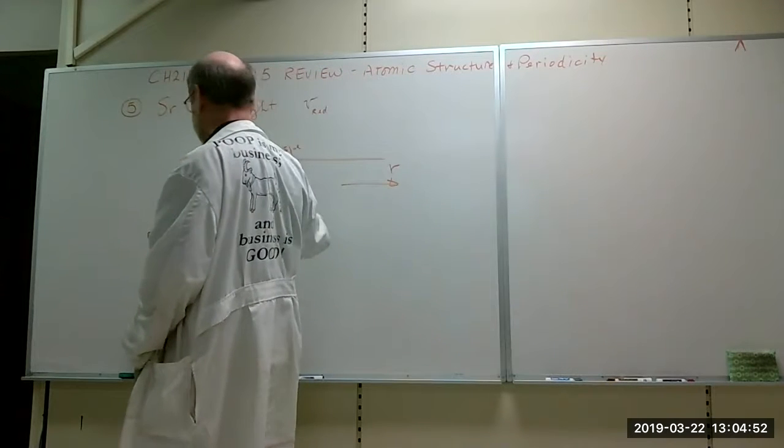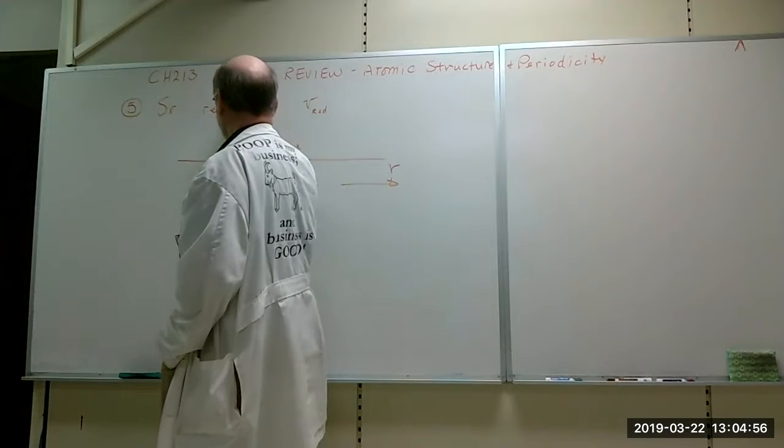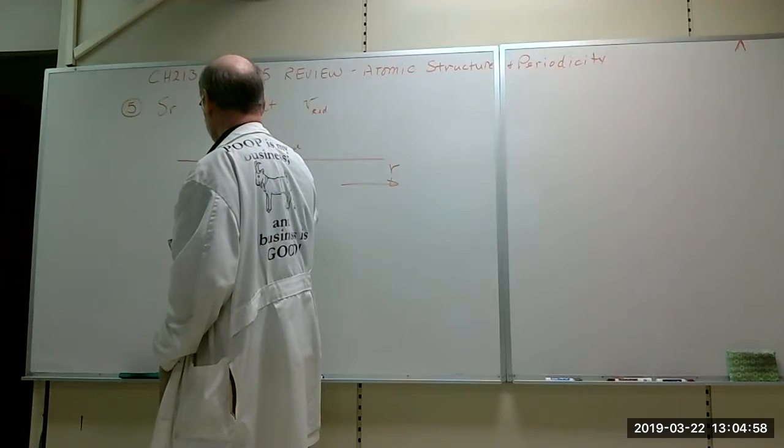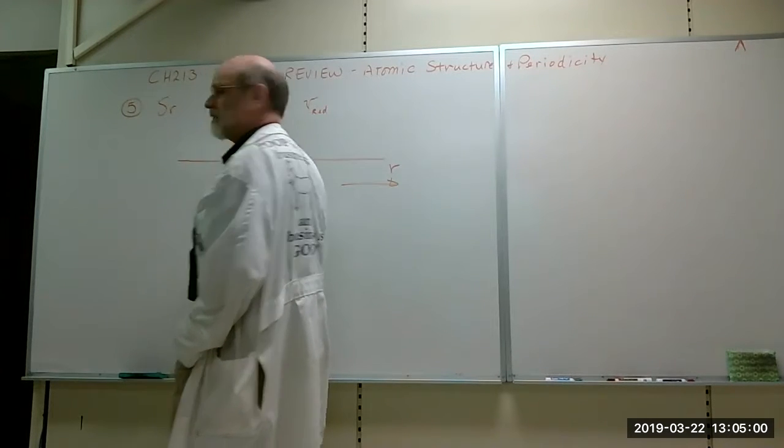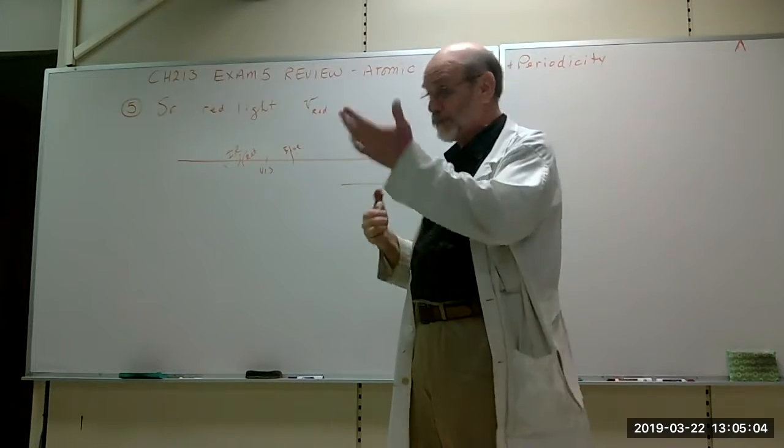Then what they're asking is, what's the frequency of the light that precedes the red for strontium? And it would be this region, which is infrared. Yeah, that's what that means.